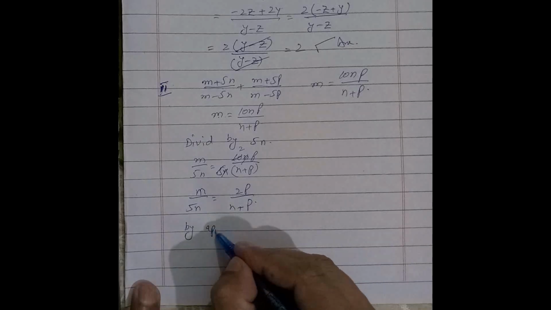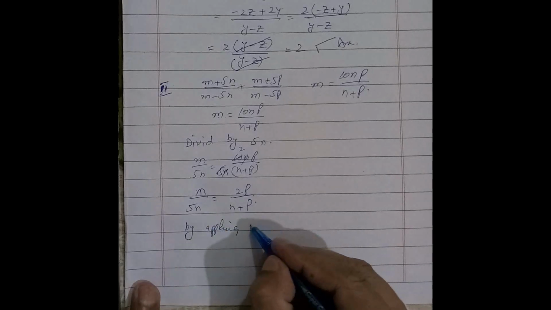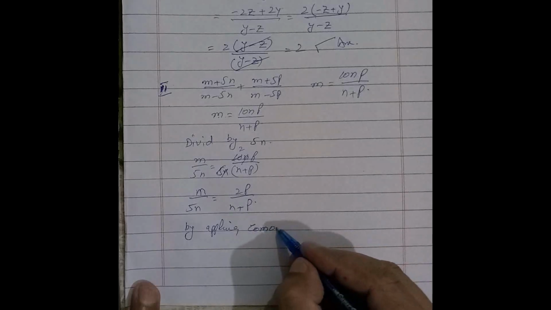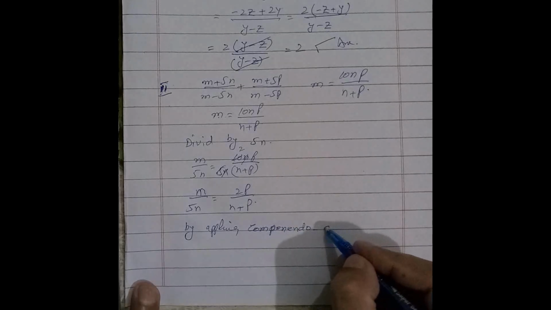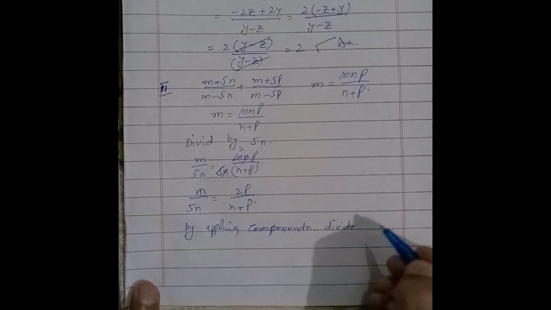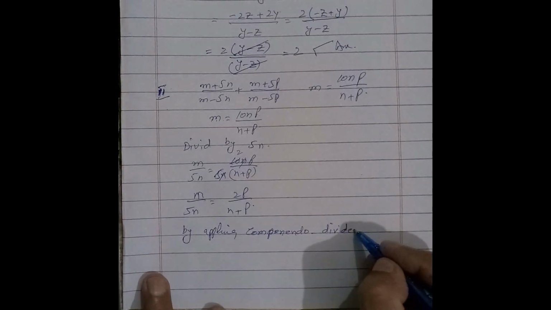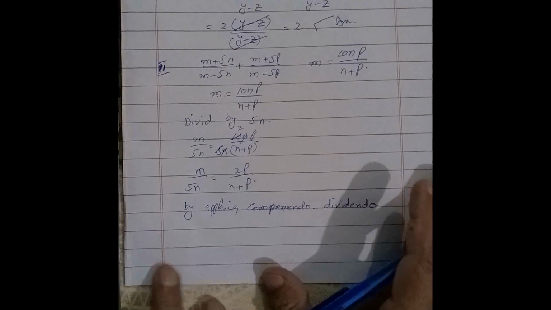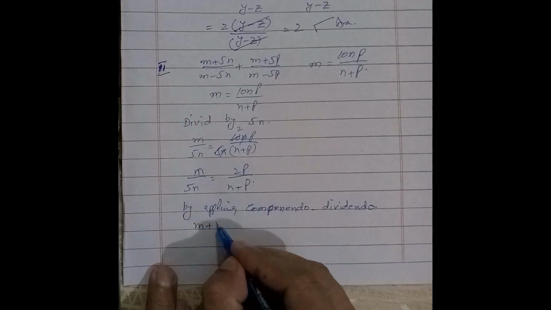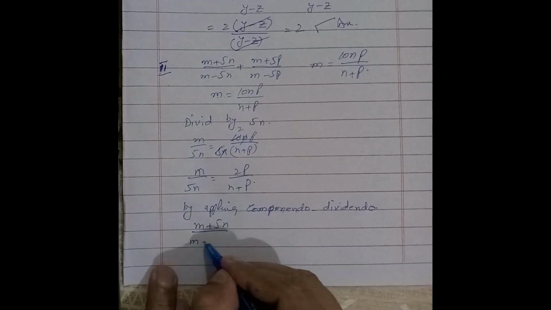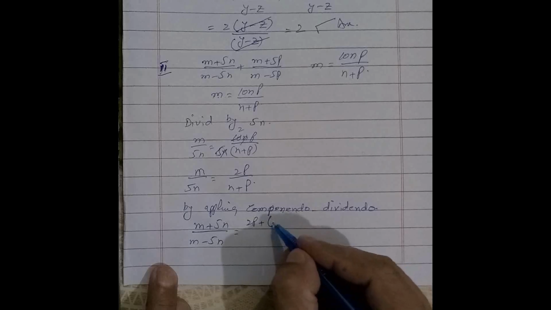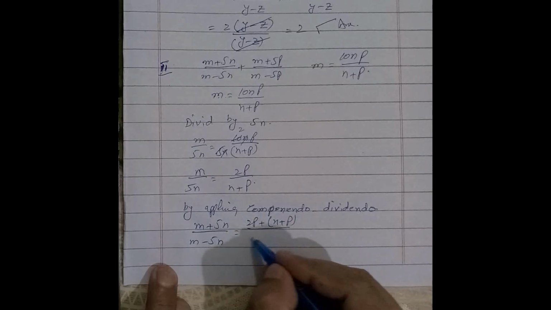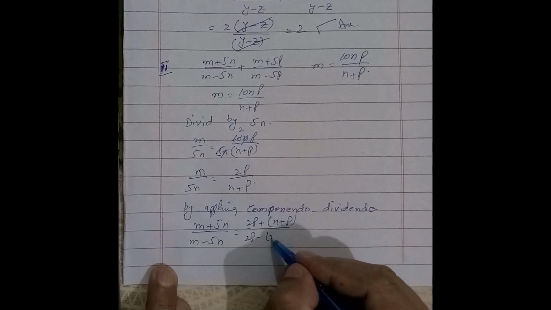By applying componendo dividendo, we get m plus 5n over m minus 5n is equal to 2p plus n plus p over 2p minus n plus p.